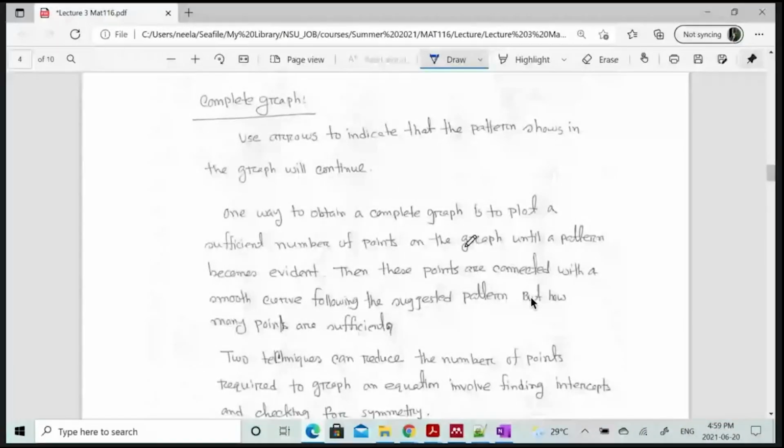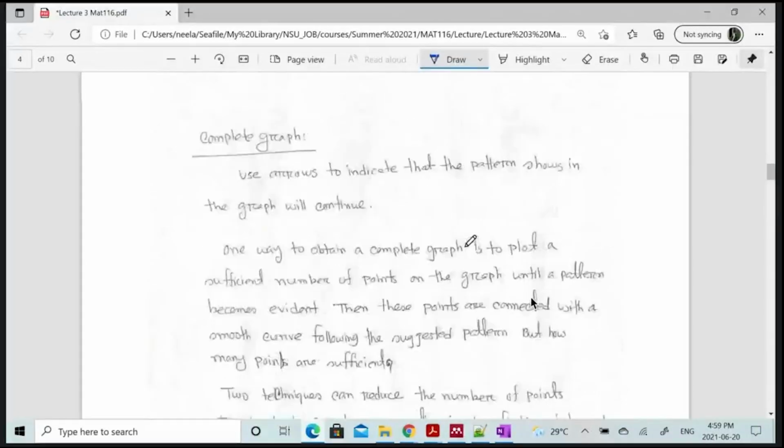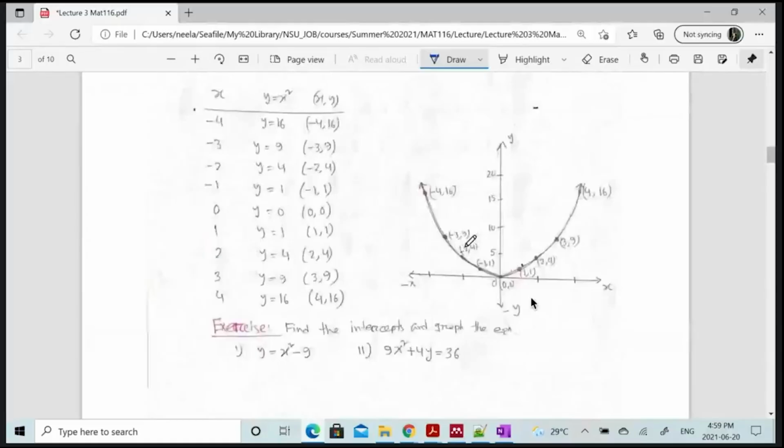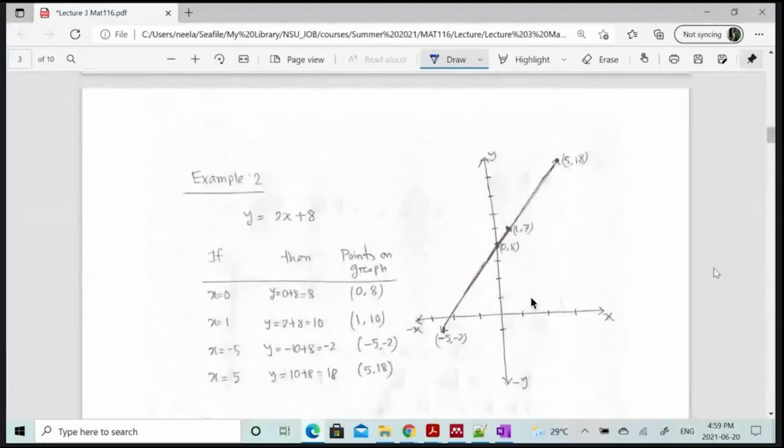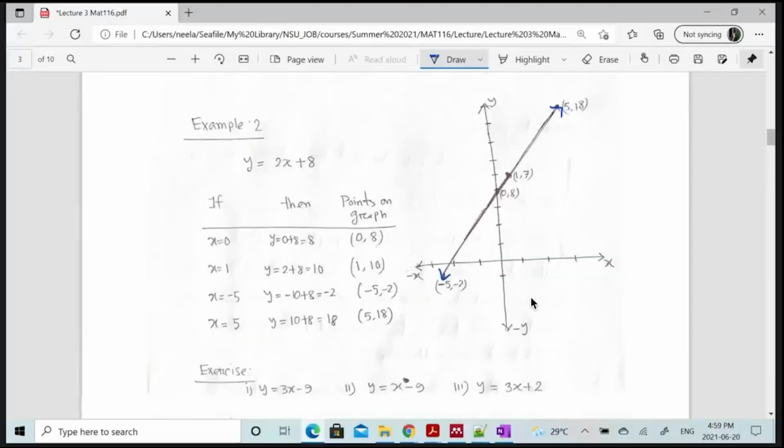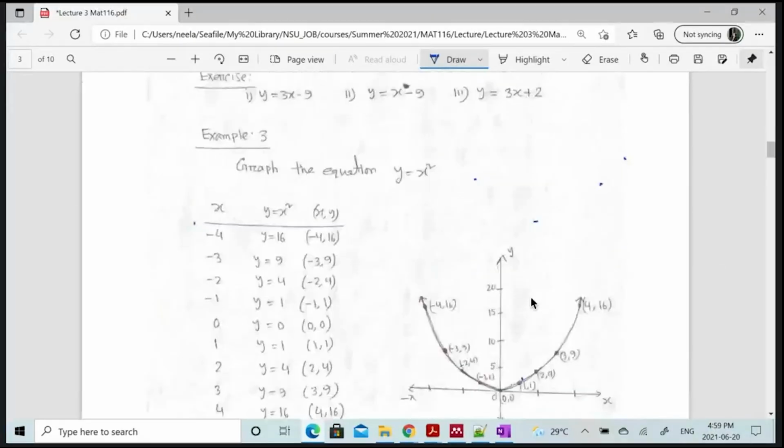Alright. Before starting the symmetry or intercepts, I want to tell you one thing. Whenever you draw any graph, say for example this one or maybe this one, always remember to put the arrow, because that will tell you that the graph will continue in this pattern. It's not possible for us to plot all the points, like minus infinity to infinity.